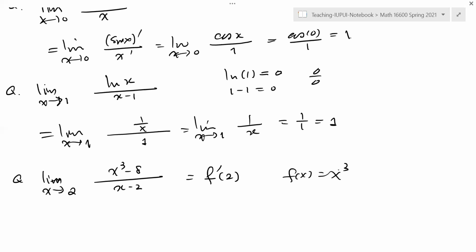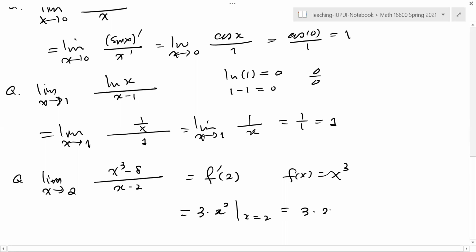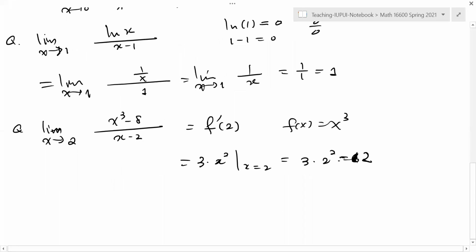If you know that, then you just simply differentiate to 3x squared and evaluate at 2. So 3 times 2 squared is going to be, sorry, 12. You just differentiate the function.